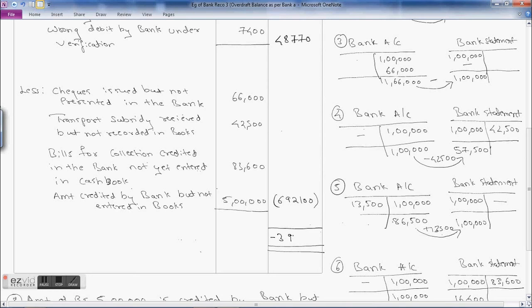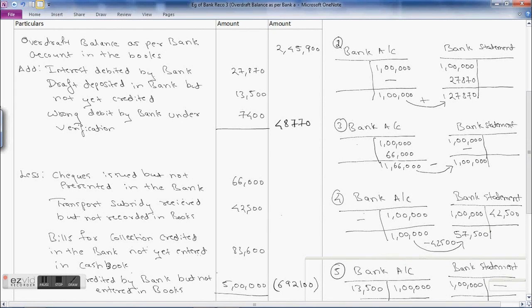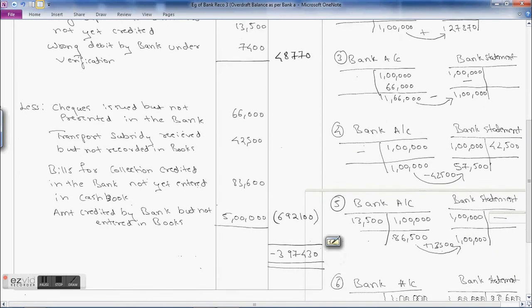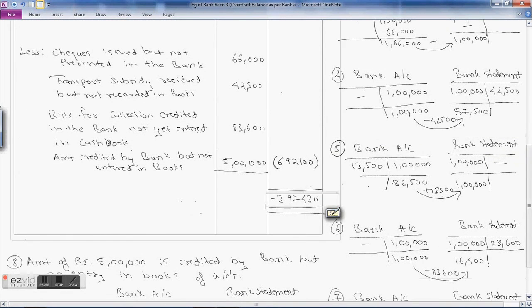So that gives us minus 3,97,430. Now you can see that we had started with the positive balance. The positive balance was an overdraft balance, and the balance we have got after bank reconciliation is negative. Now whenever such things happen in the bank reconciliation statement, when the balance becomes negative from positive, it's always the opposite balance.